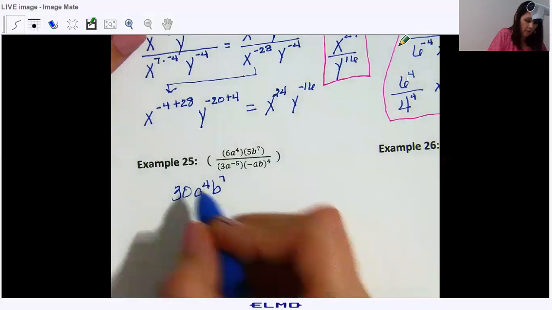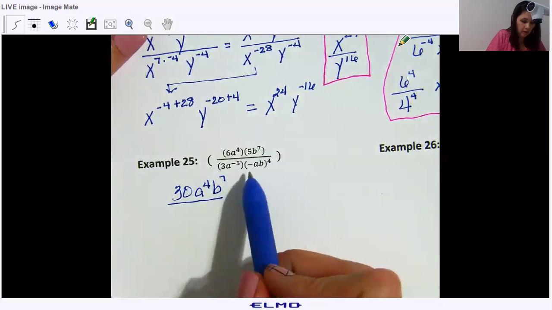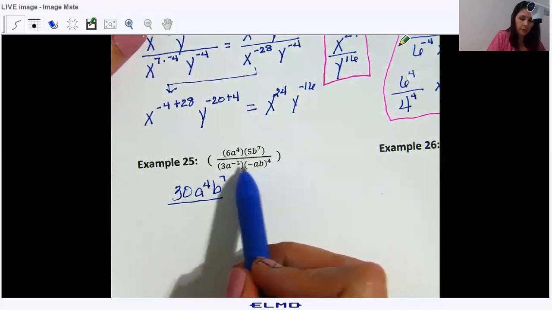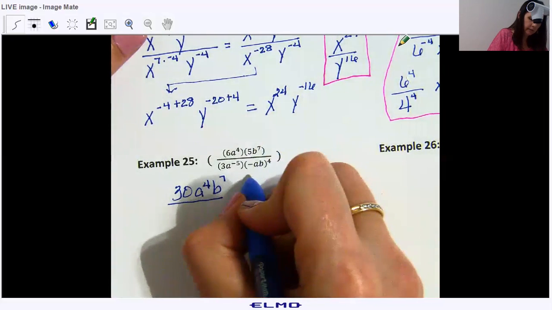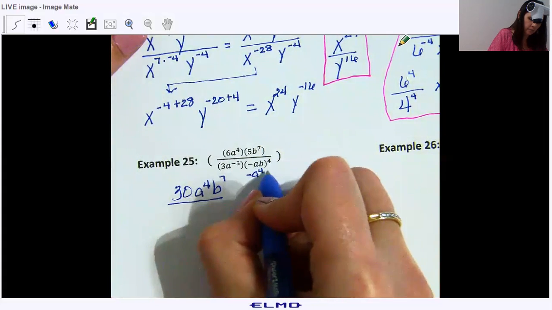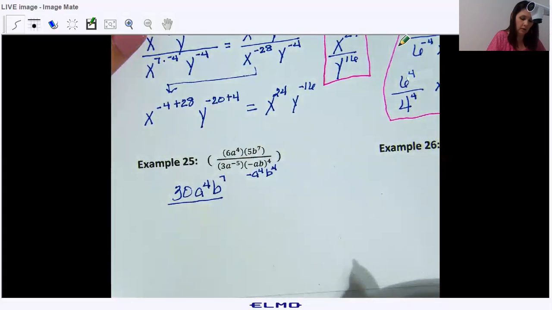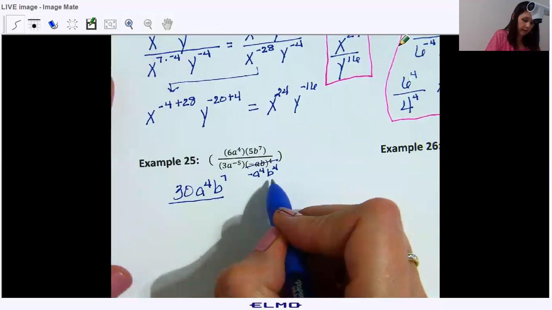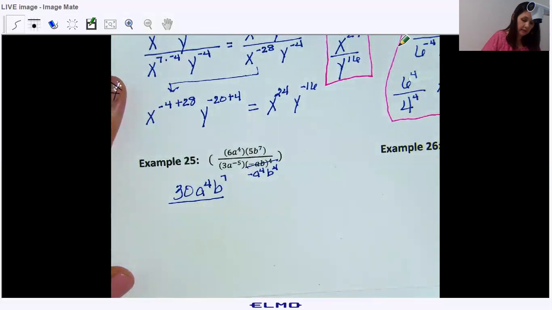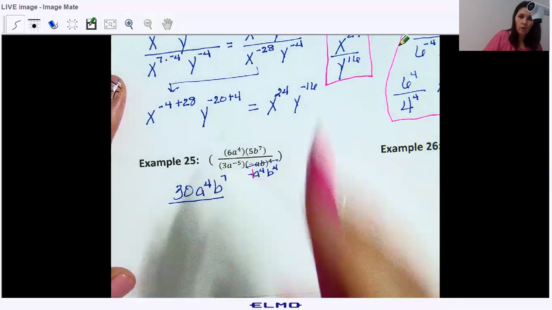Okay. Then in the denominator, the thing here is this term right here has an exponent on the outside. So this term actually becomes negative a to the fourth, b to the fourth. Okay, so I can get rid of that, and I've rewritten it here. So now I can combine these. Now also remember that this negative will represent a -1.